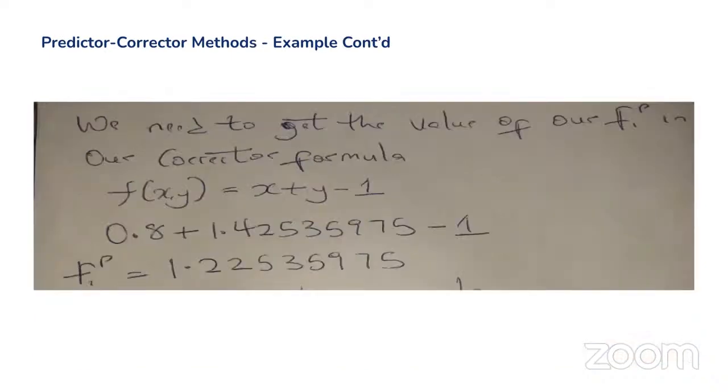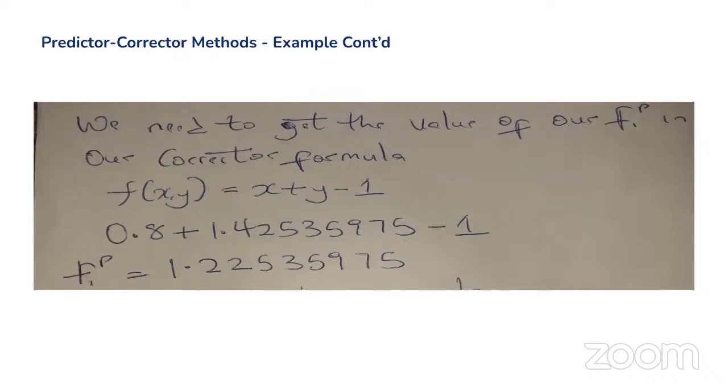So to solve for this now, like I said earlier, use our condition. And what's the condition? The condition is f is a function of x, y equals x plus y minus 1. So we will insert the value of x, which is 0.8, because the purpose of using this method is that we are asked to find the value of y at the point when x is 0.8.